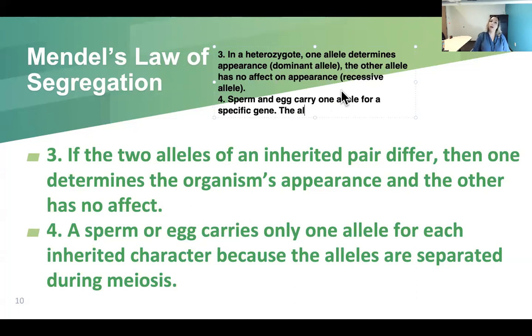The alleles are separated in the sex cell during meiosis. A sex cell in the ovaries of a woman undergoes meiosis and turns into a haploid gamete. The original sex cell is diploid. The gametes are haploid.